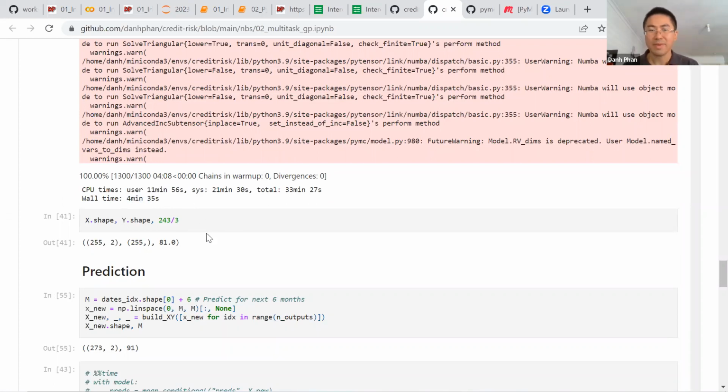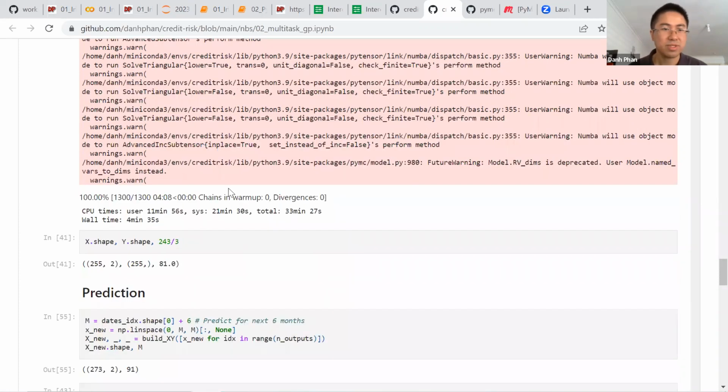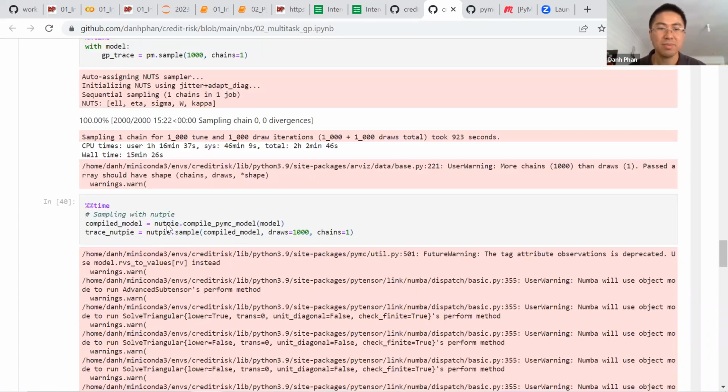I think this kind of feature will be incorporated in PyMC soon. But if you want to try it, you can do the same thing: just include nutpie, compile the model, and then sample the model compiled with nutpie. That's it. I'll stop here, and I'm happy to answer any questions you have.